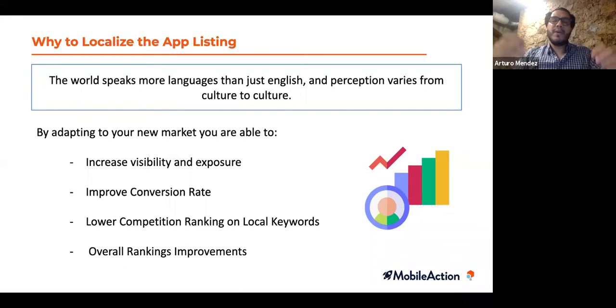And when you have more downloads from different countries, the overall rankings improve, because one of the metrics that helps you rank is monthly active users, as well as download velocity. Those are the main gains you can have by localizing the app metadata.